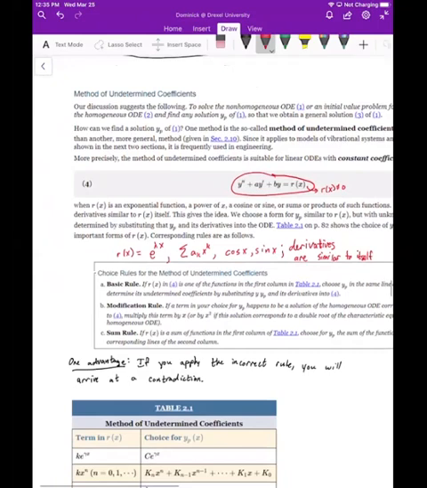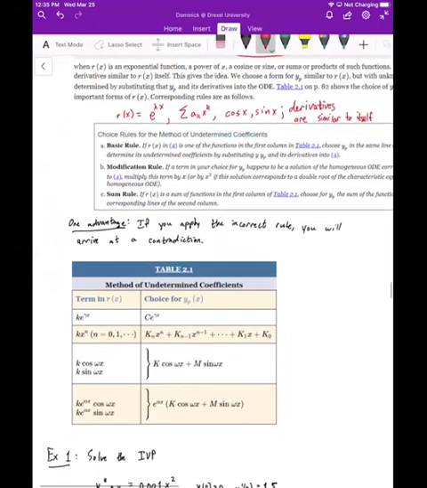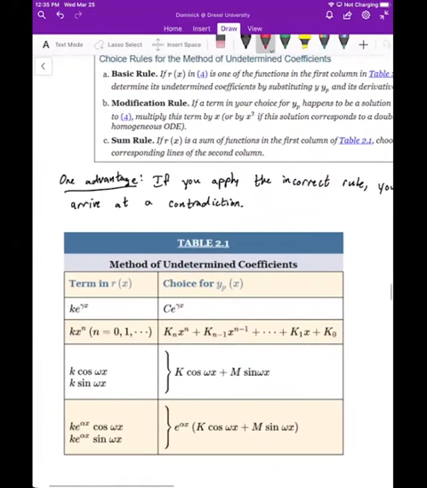Okay, so what we're going to do is, based on what your R of X is, you're going to have a choice to make on what our particular solution will look like. So if you have an e term, basically you look at a constant times your e term.